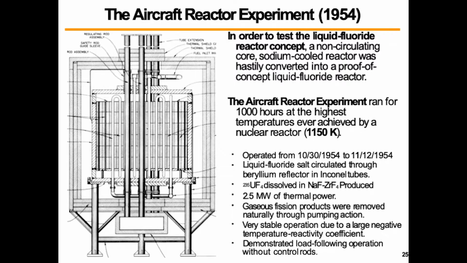And they came up with this fluoride salt fuel form. They actually ran in 1954 the aircraft reactor experiment for about 2 weeks. Then they designed a fireball reactor, which was an aircraft reactor test, sort of a prototype for an engine that could drive an airplane. But in the 1960s, we figured out intercontinental ballistic missiles, which were much better alternatives, so the whole program was scrapped.